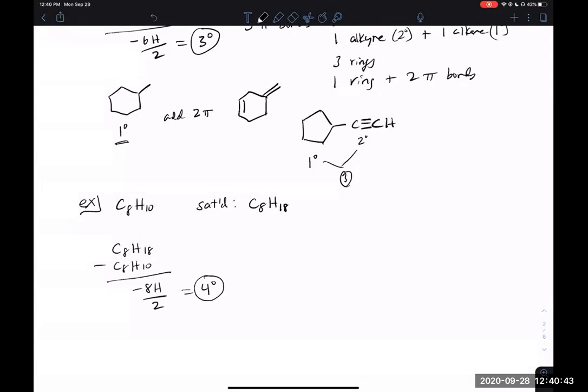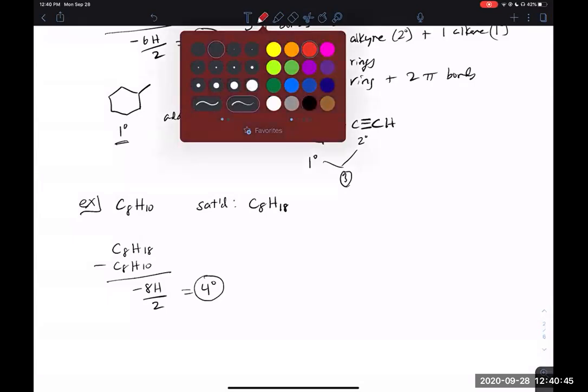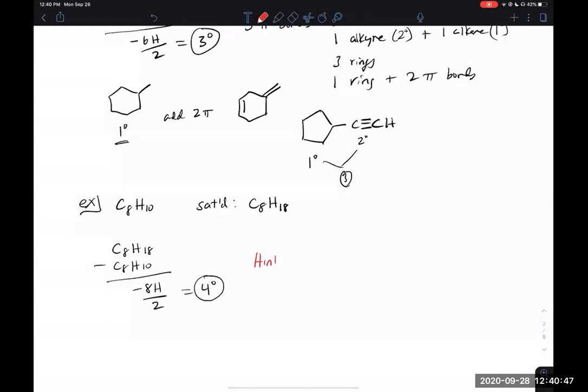All right, now here's a huge hint. If you have 4 degrees or greater, that would be like 4 double bonds, right? Unlikely. Or like 2 triple bonds. That's kind of weird, right? If you have 4 or greater, what is almost always, like 99% of the time, in your compound is this.